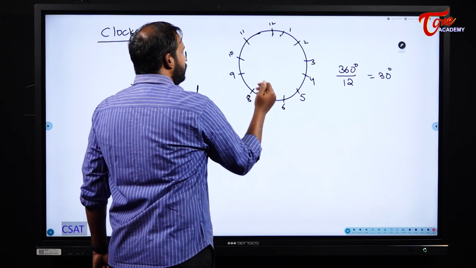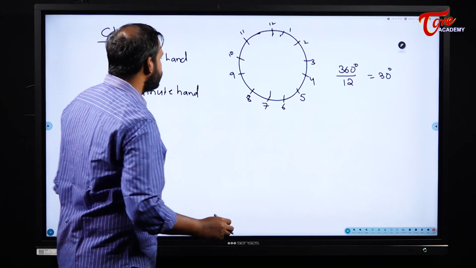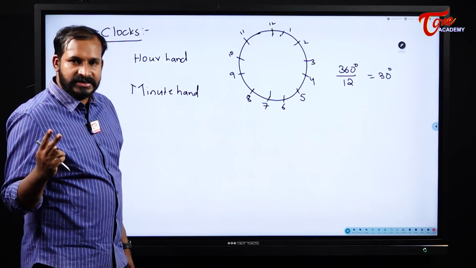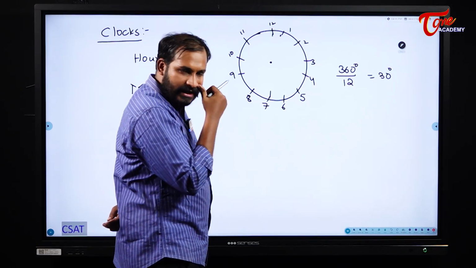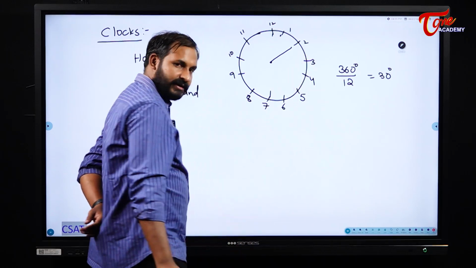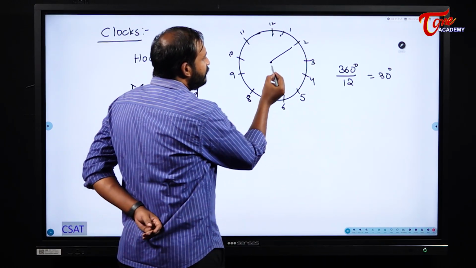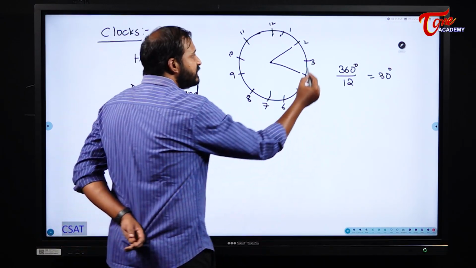One more thing we need to observe in this concept: when a hand, whether hour hand or minute hand, moves from one position to another, for example from 2 to 4, how many positions did it change?